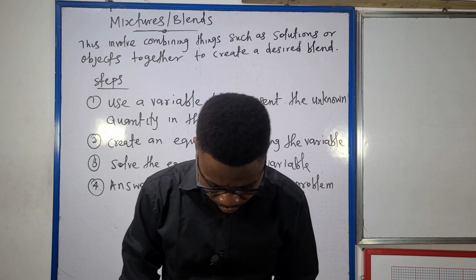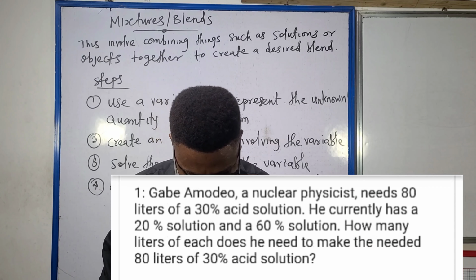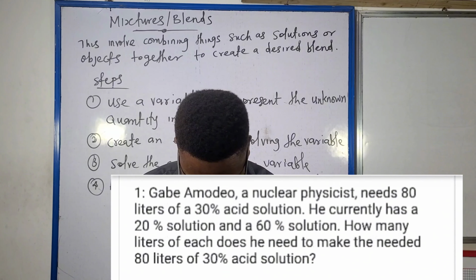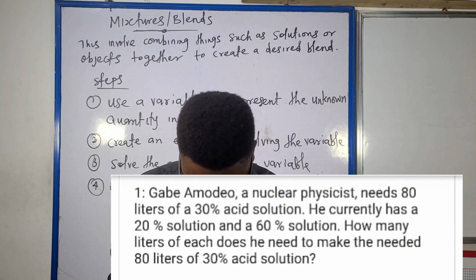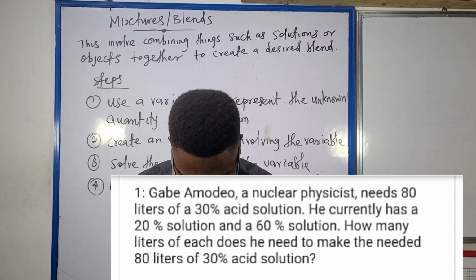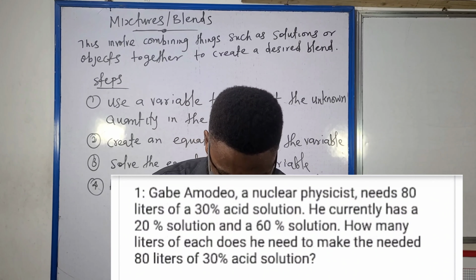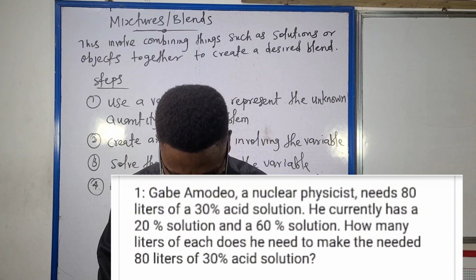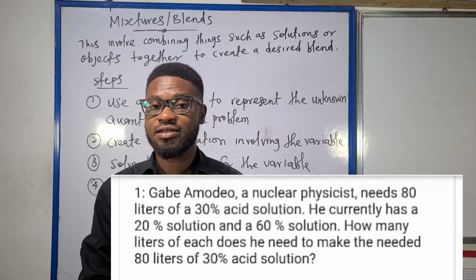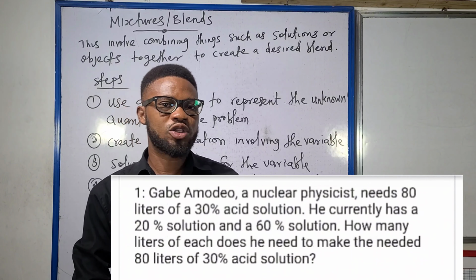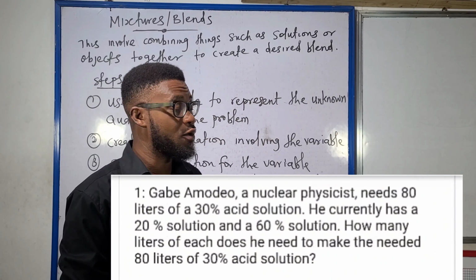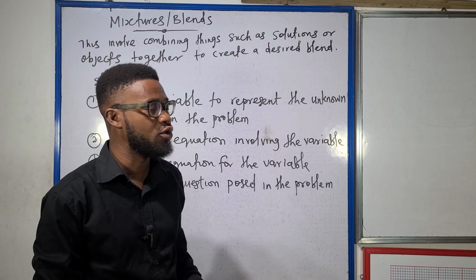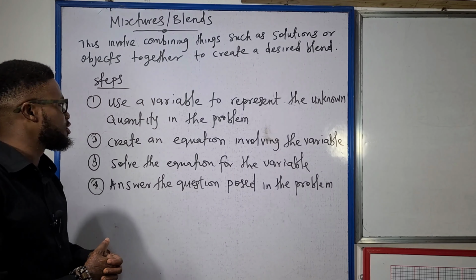mathematical problems. Someone here needs 80 liters of a 30% solution. But here, what he has is 20% solution and 60% solution. So that is the problem. What we have is different from what we need. How do we solve it? These are the 4 steps we are going to follow.